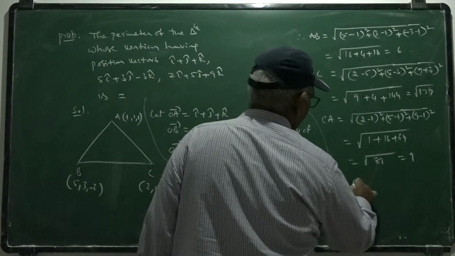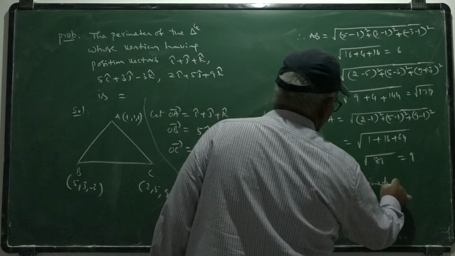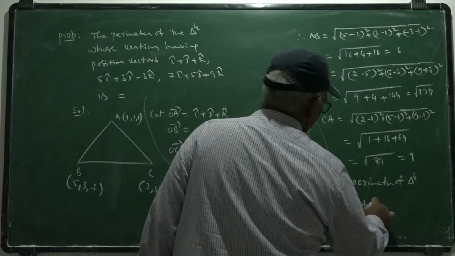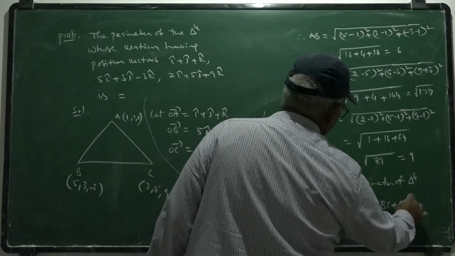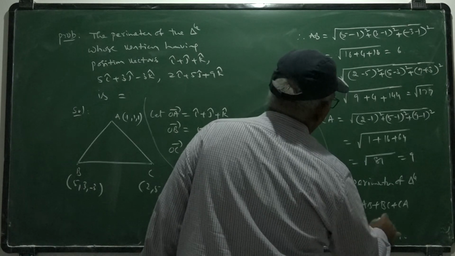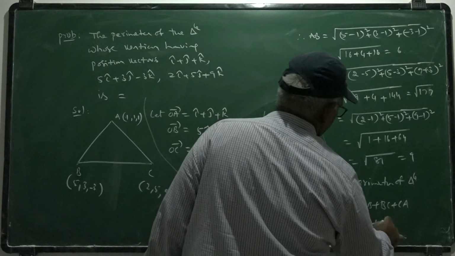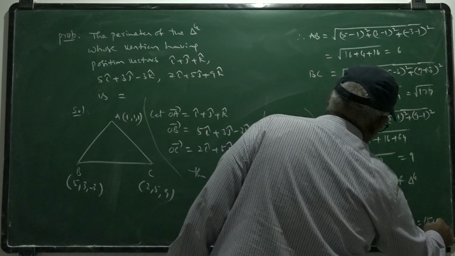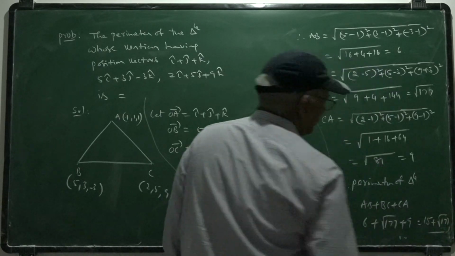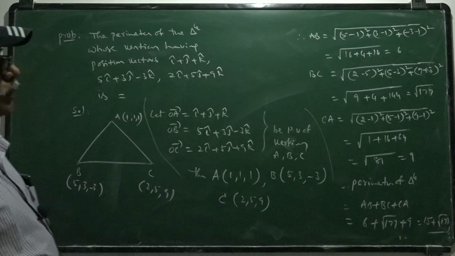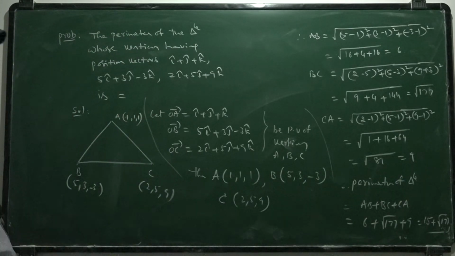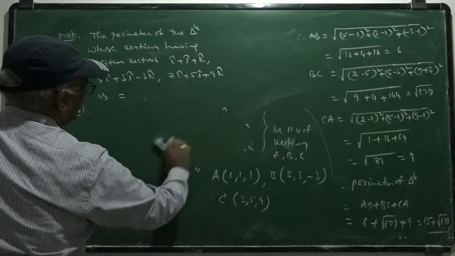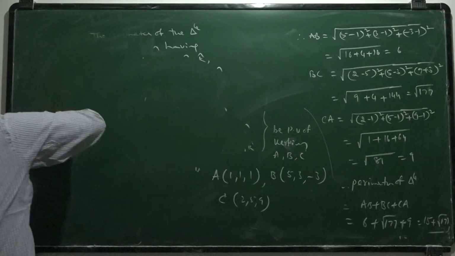So therefore the perimeter of the triangle is AB plus BC plus CA, the sum of the lengths of the sides, that is 6 plus root 177 plus 9, 15 plus root 177. That is the perimeter of the triangle once the vertices are given. The position vectors of the vertices are given, then the points are given.